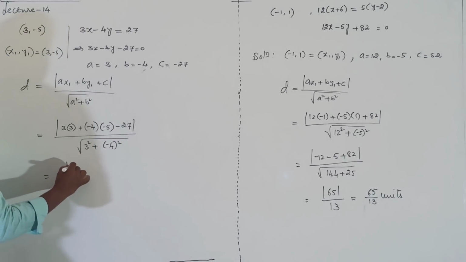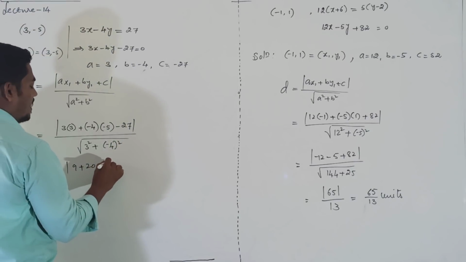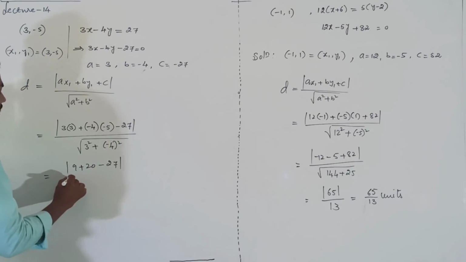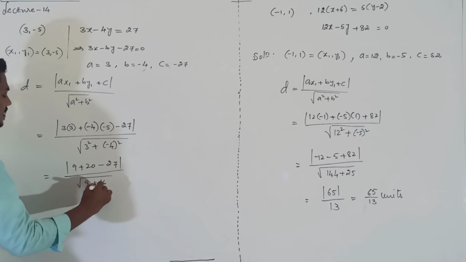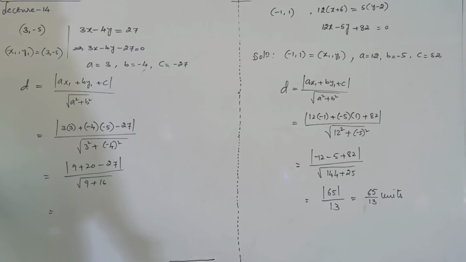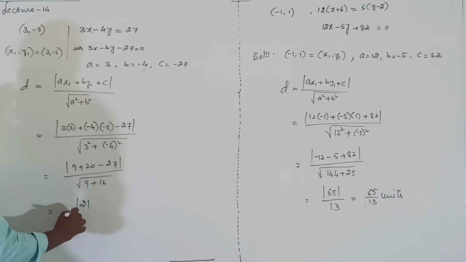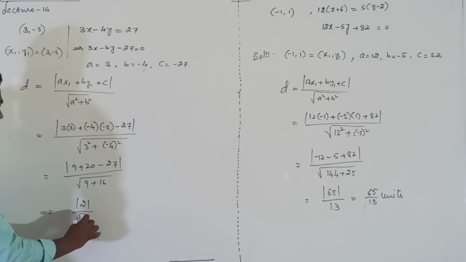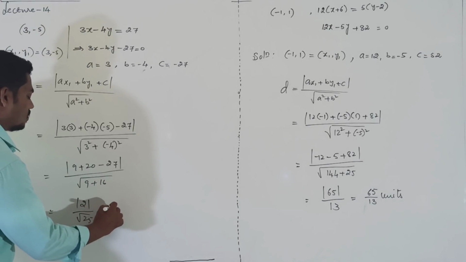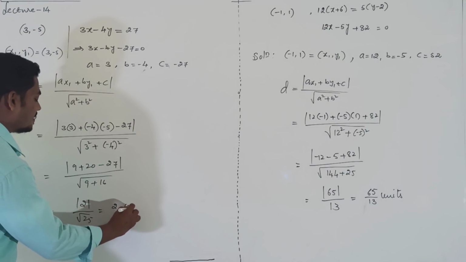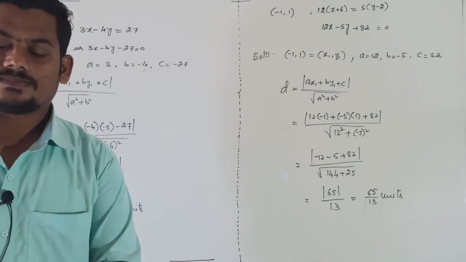That's equal to modulus of 9 + 20 - 27 divided by square root of 9 + 16. That's equal to 29 - 27, modulus of 2, divided by square root of 25. 9 plus 16 is 25. That's equal to 2 divided by 5 units. Distance between point and line form.